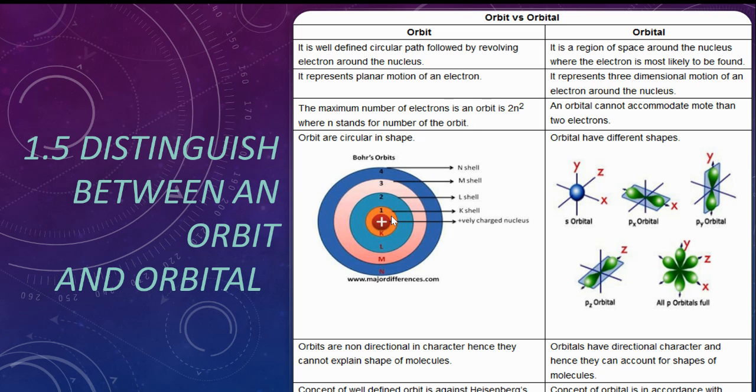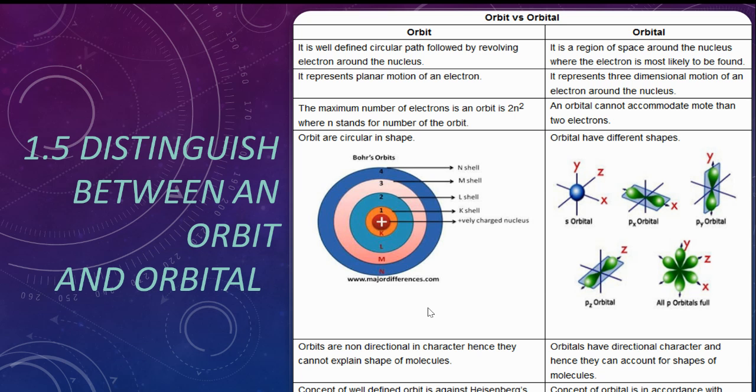So for example, for the first one, where n is equal to 1, the number of electrons is 2 into 1 square, then for the second 2 into 2 square, then 2 into 3 square, likewise. See here, the first one, the K shell, has only one subshell, that is s, with 2 electrons.